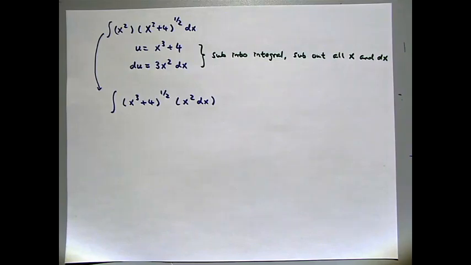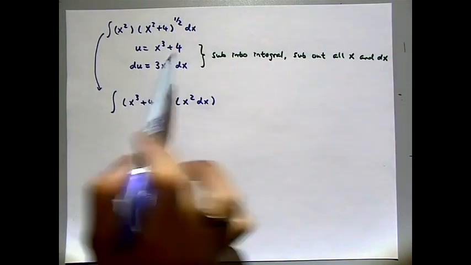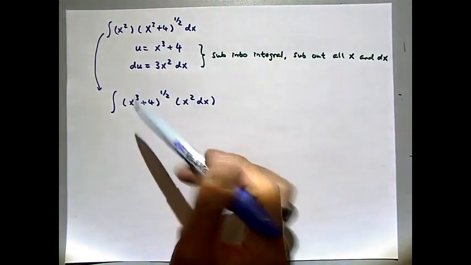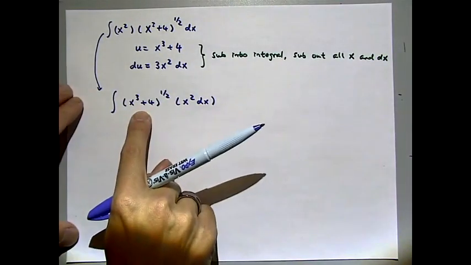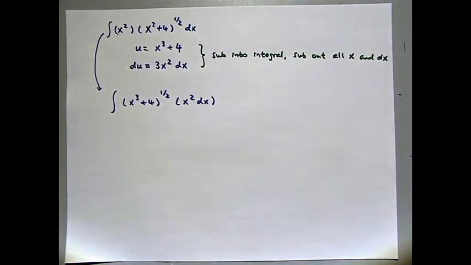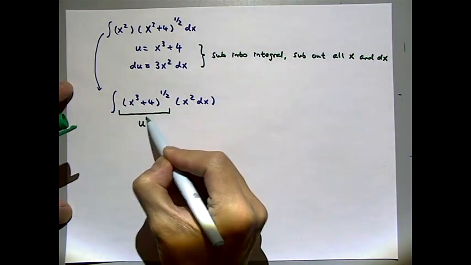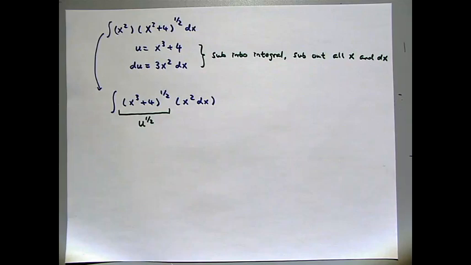The first part of the substitution should be pretty obvious. Once you've made a choice of what u should be, you can immediately pick out the part that has u, right? So this group here is simply u to the power of 1/2.